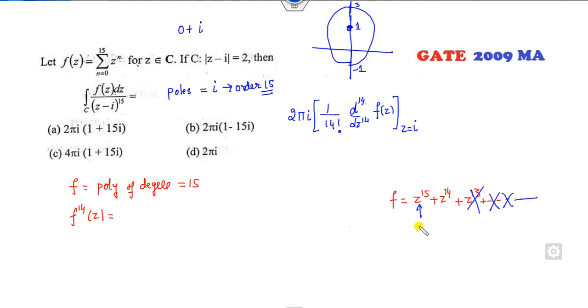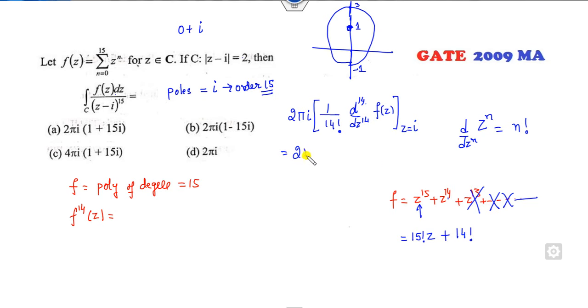What is the 14th derivative of this? It is nothing but 15 factorial into z. What is the nth derivative of this? It's n factorial. So you can see it is 14 factorial.